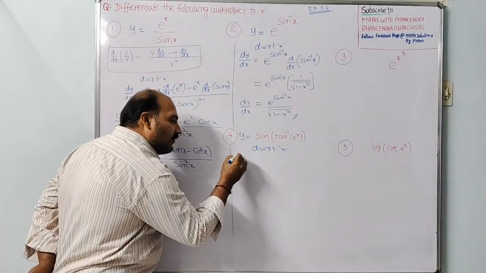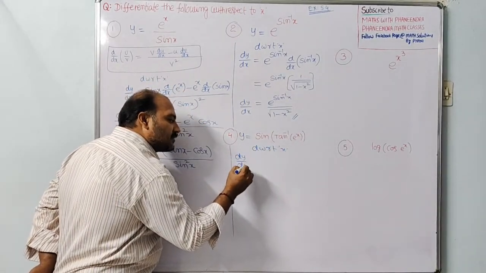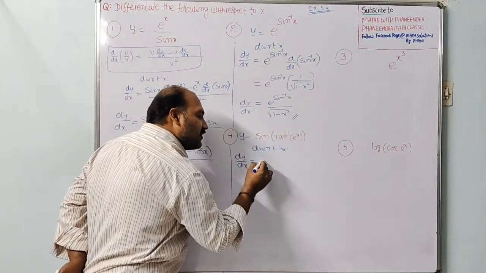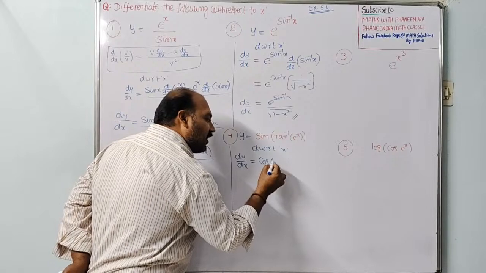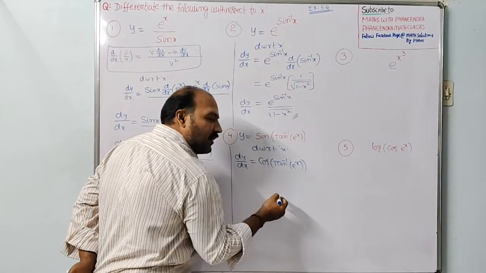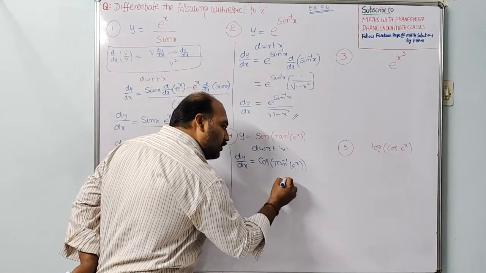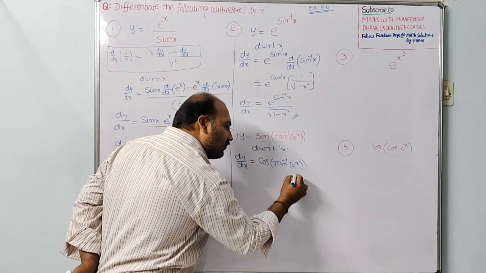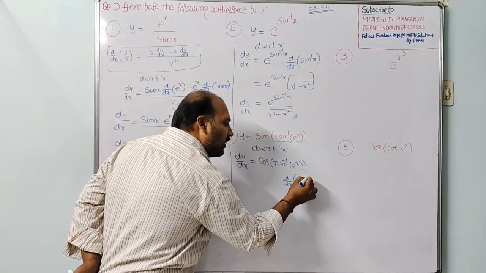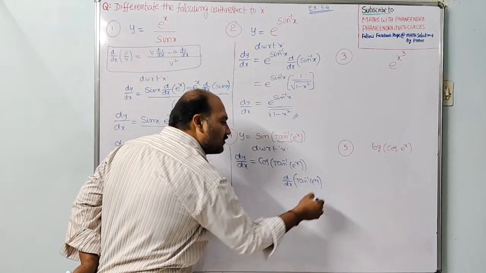The derivative dy by dx is equal to cos of tan inverse of e power x, into d by dx of the function involved, tan inverse of e power x.